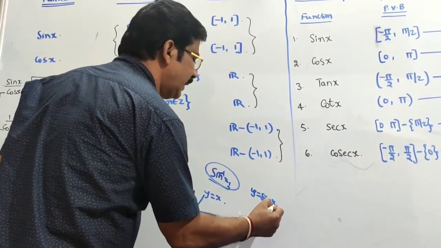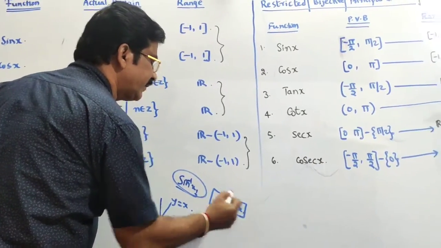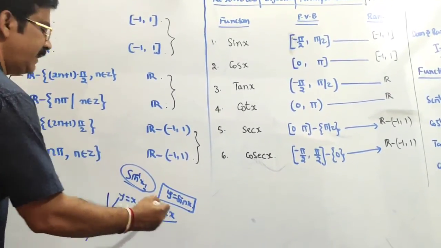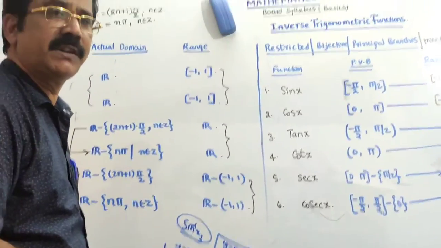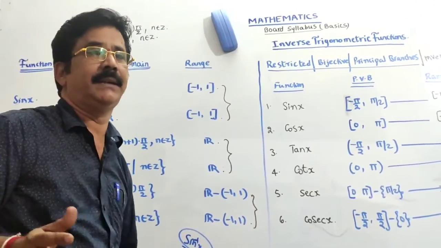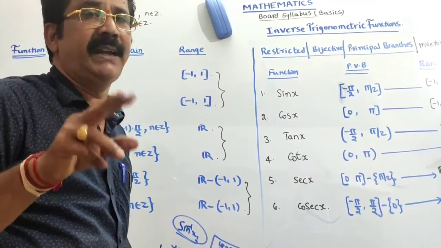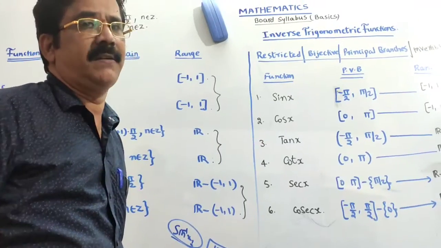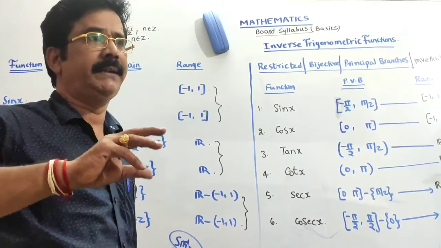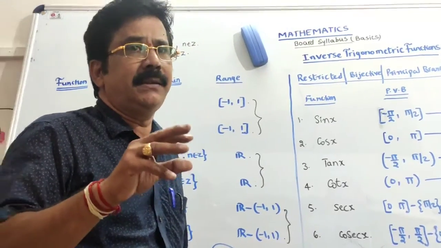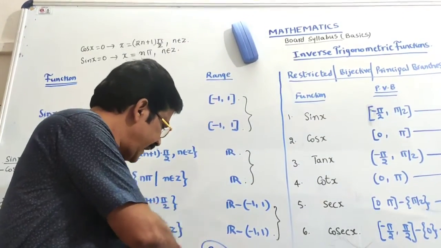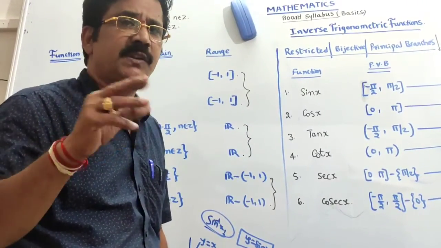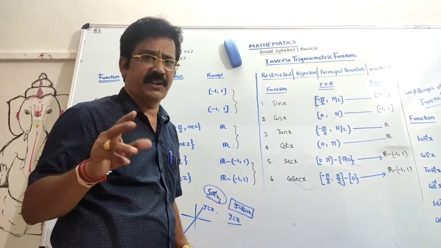So first we draw the y equal to sin x graph and, treating y equal to x as a mirror, we obtain its sin inverse x graph. So by interchanging the x and y axes, we can obtain the inverse function graph. Second method, by taking y equal to x, the angle bisector line, as a mirror, we can obtain the inverse of the given original function.